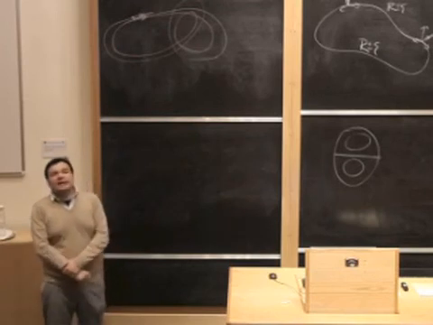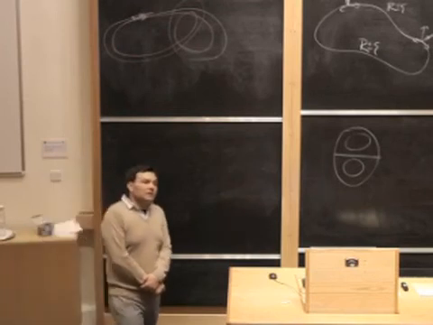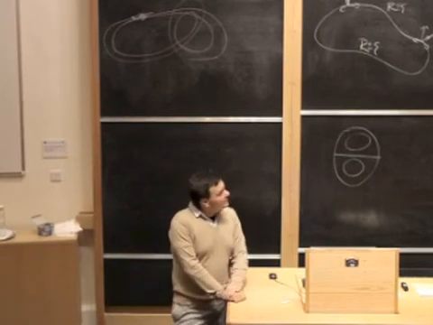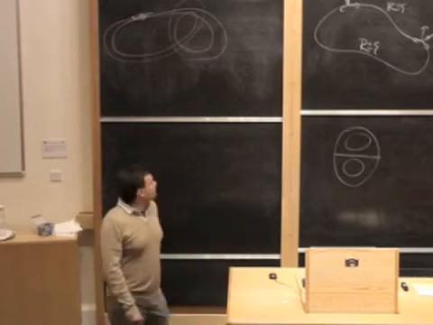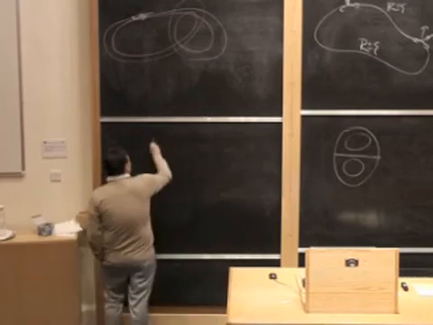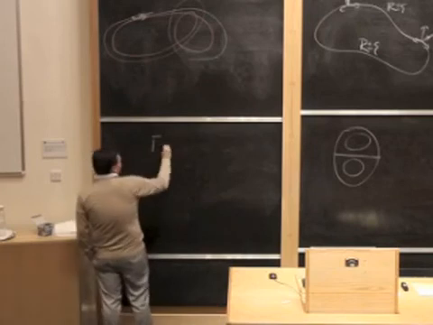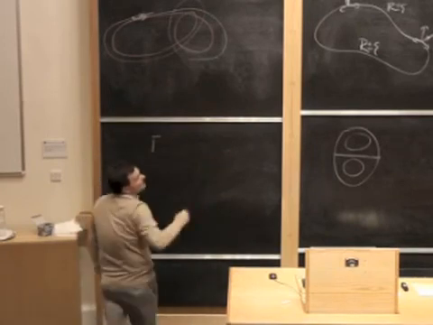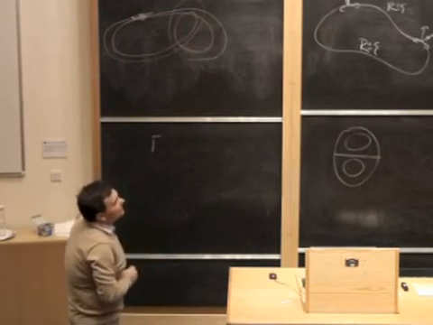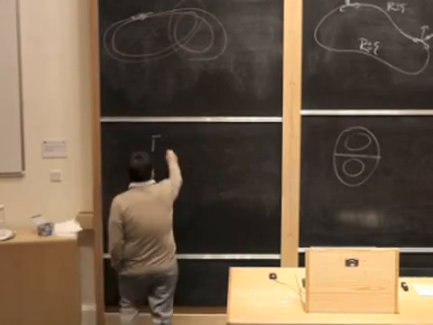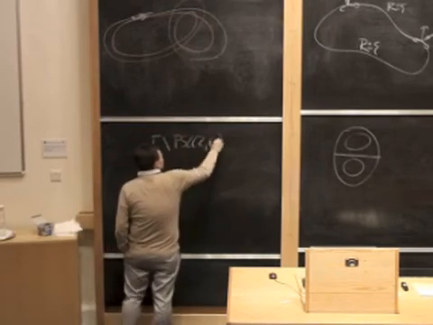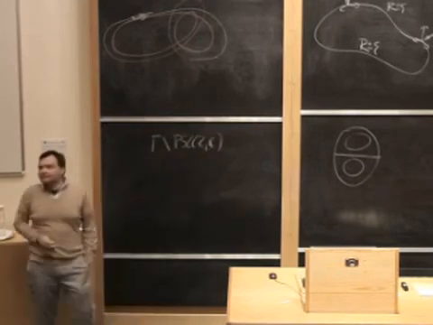In the same way as the tangent bundle of the hyperbolic disk is PSL2R, the frame bundle of hyperbolic 3-space is PSL2C. And you have this action of PSL2C. This quotient itself is the frame bundle.